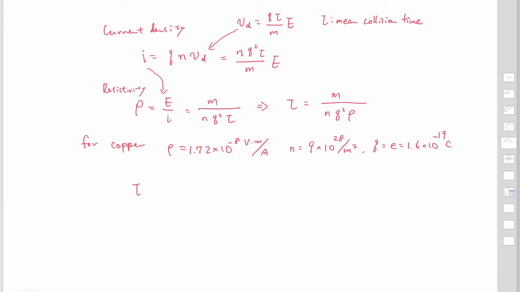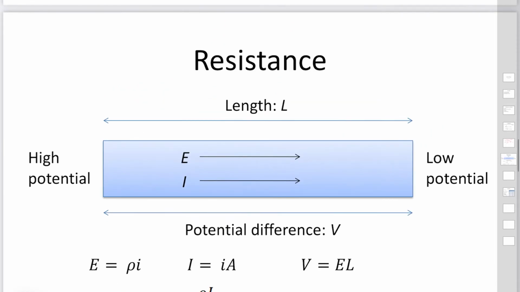You can substitute all the numbers into this equation to find the mean collision time of the electrons. It becomes 2 times 10 to the minus 14 seconds. So the mean collision time of electrons with ions is really short, 10 to the minus 14 seconds. Once we know the resistivity of materials, we can estimate the mean collision time of electrons.